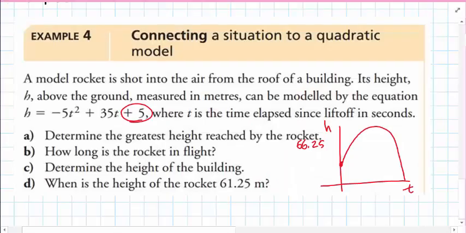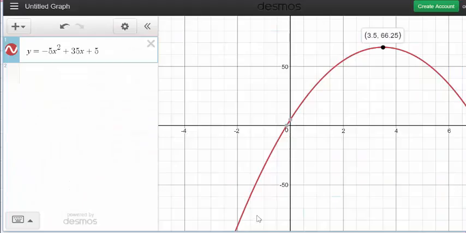All right, let's take a look. How long is the rocket in flight? How long is the rocket in the air? In the air, still in the air, until it hits the ground. So right there, which is 7 something, right? There you go. 7.14 is how long the rocket has been in the air.